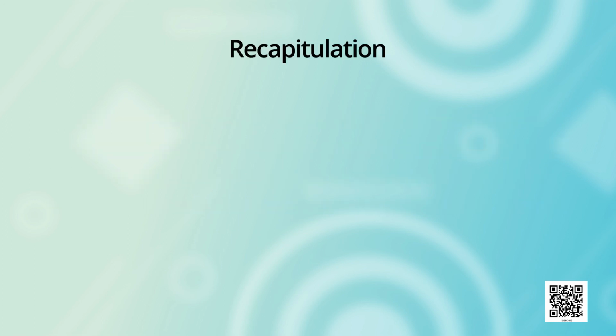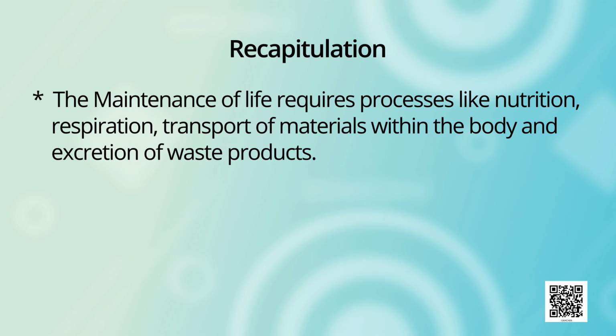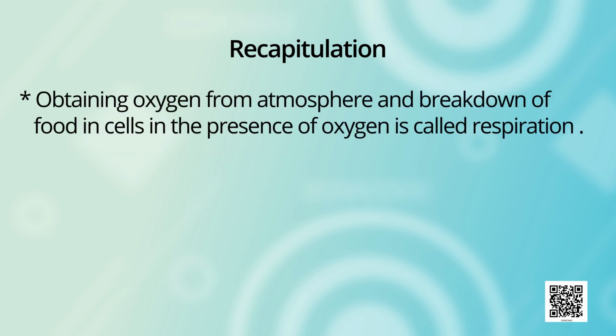Recapitulation. The maintenance of life requires processes like nutrition, respiration, transport of materials within the body and excretion of waste products. Obtaining oxygen from the atmosphere and breakdown of food in cells in the presence of oxygen is called respiration.